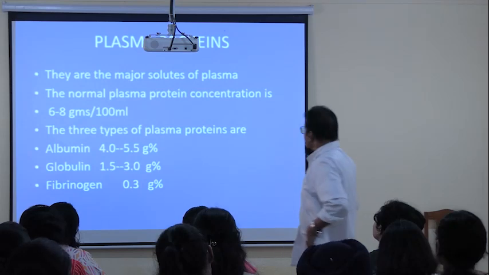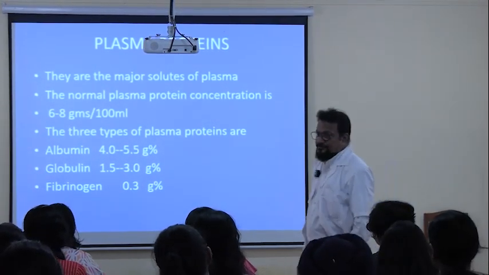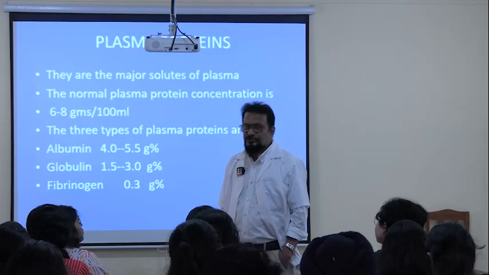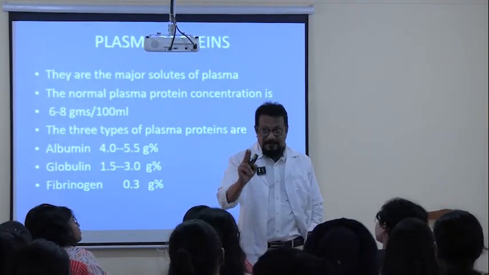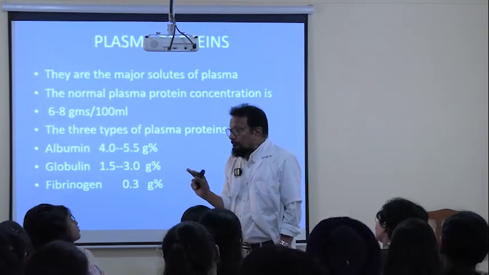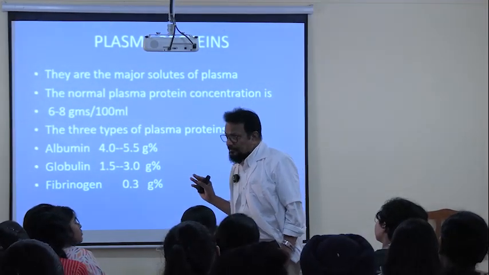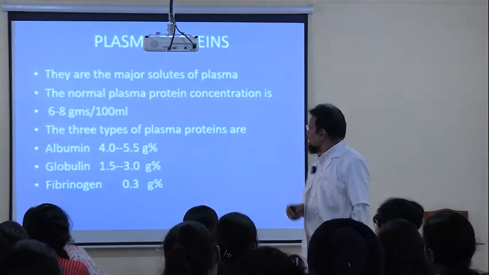Okay, understood? Normal plasma protein concentration varies from 6 to 8 milligram or gram? Gram, always remember. Sometimes when we ask questions, you become confused: milligram or gram? It is always gram.